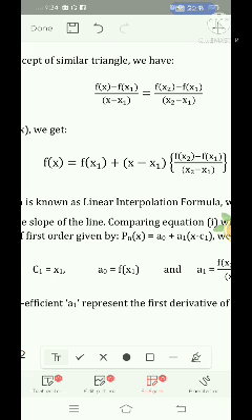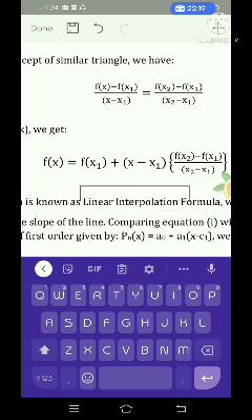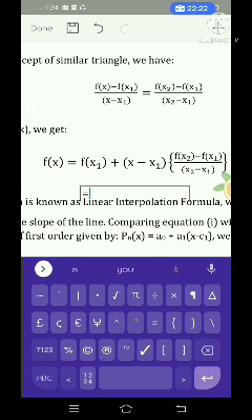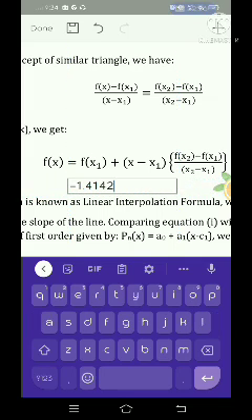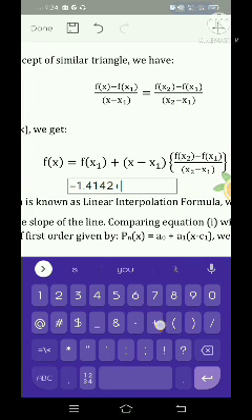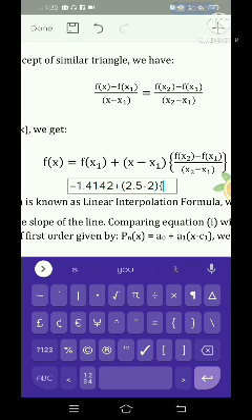Okay. So, substituting, we have here equals, our fx1 was 1.4142. And then plus, our x is 2.5 minus our x sub 1 which is 2.